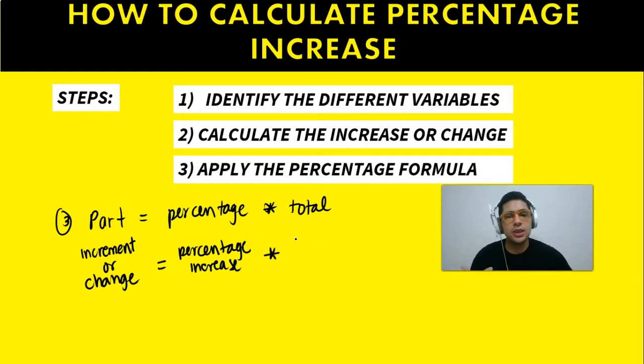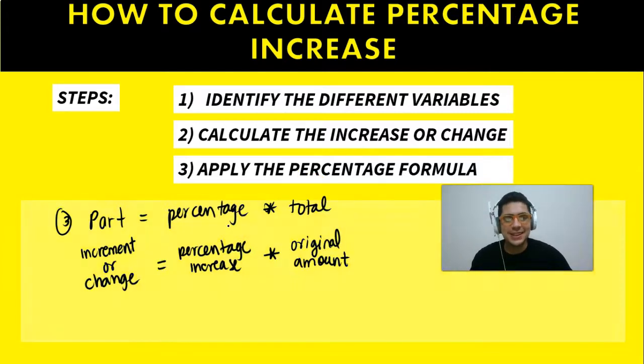The total amount, when talking about percentage increase problems, is generally the original amount. So we have the part, which is the change, the percentage is going to be the percentage increase, and the total is going to be the original amount.